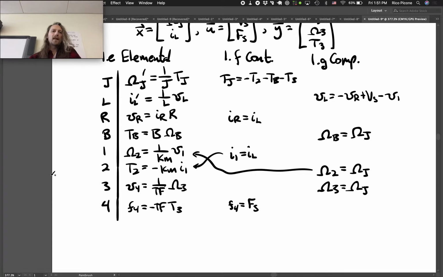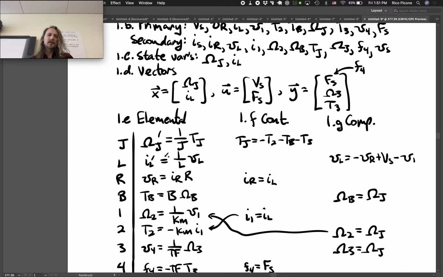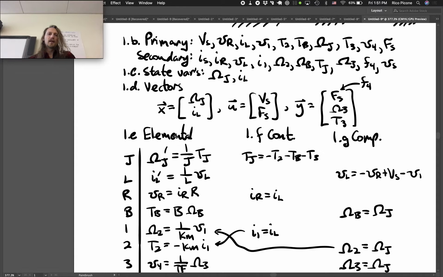So if we go down the list, omega J and IL, they're state variables, so they're always going to be primary. VR is primary, so it shows up on the left-hand side, so we accidentally got that right. TB and omega B, TB is on the primary list, so we're right there.